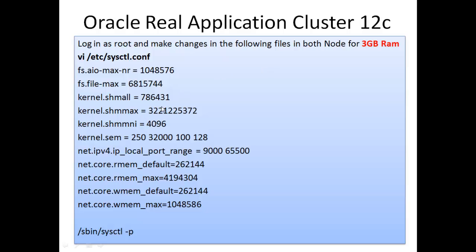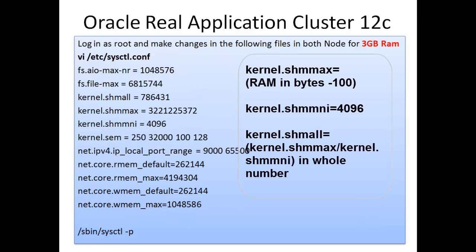Now, this is very important, which is kernel SHM max. What is this? This one is the representation of your memory in bytes, and the maximum you can allow is the amount of memory expressed in bytes minus 1.